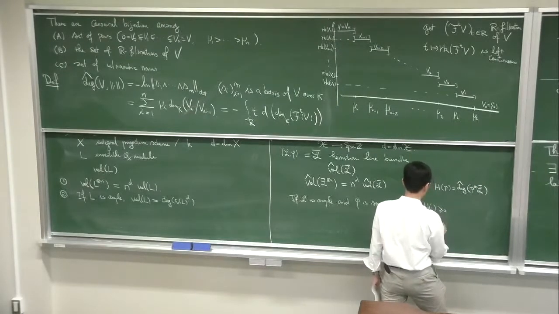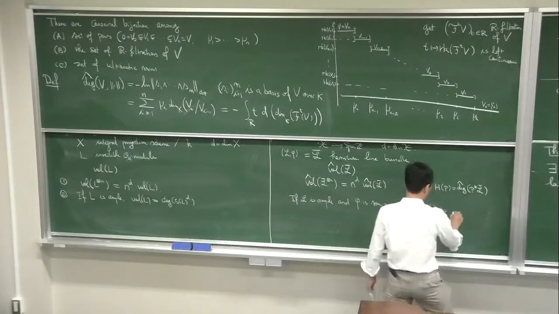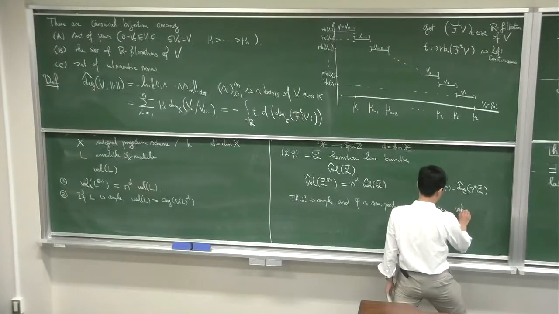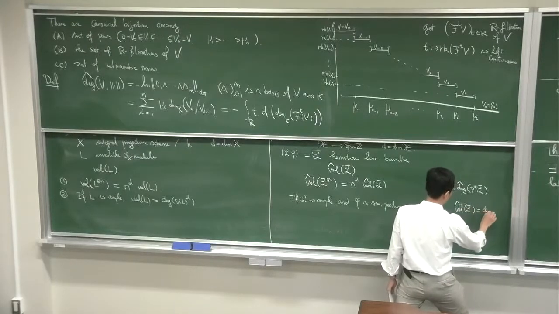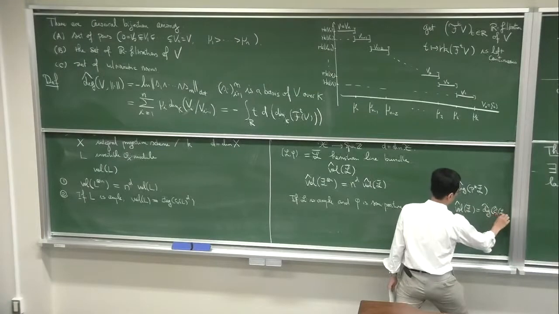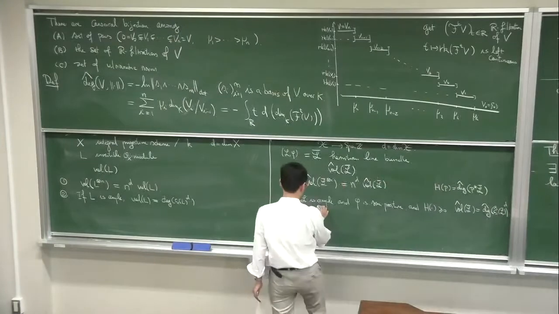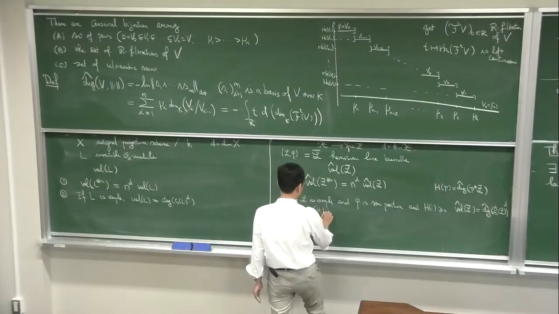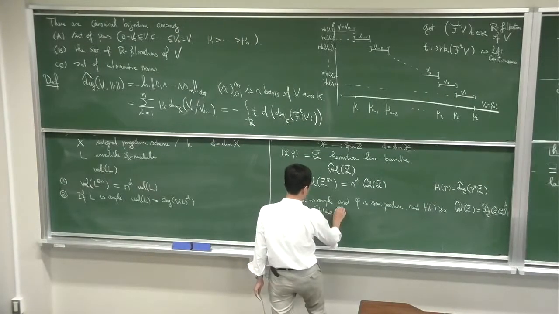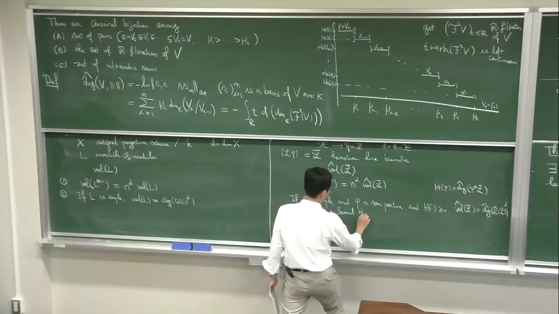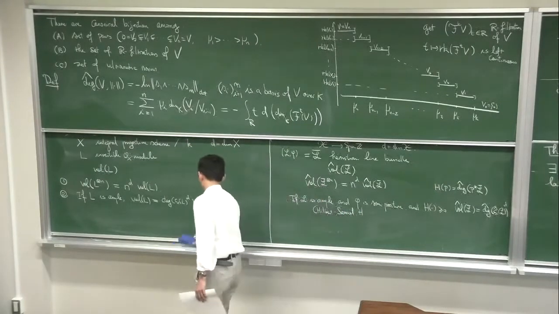If the height function is positive, then the volume of L bar is given by the height degree of the arithmetic intersection product. So this is known as a Hilbert-Samuel type theorem.